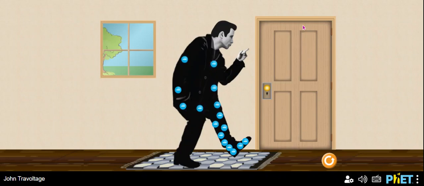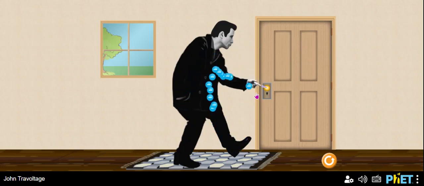Now, watch what happens. This door is stable right now. There's no net charge, equal positive and negative charge on the door, so it's stable. Now the man comes and touches this doorknob. What happens? There's an attraction, right?